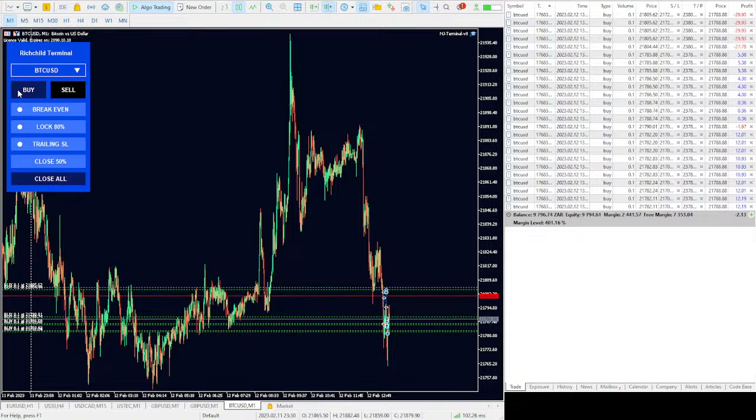Okay, let's wait. I just want to show you the break even button, how it works. Pity now that the market is not moving very fast. There's nothing that we can do for the market to move very fast, but let's just see if it can give us that. If it can't, then we'll definitely do this on a Monday on an opening session where we'll be trading a live account.